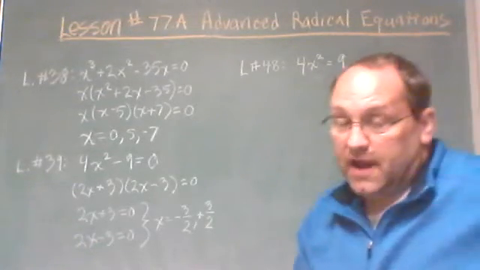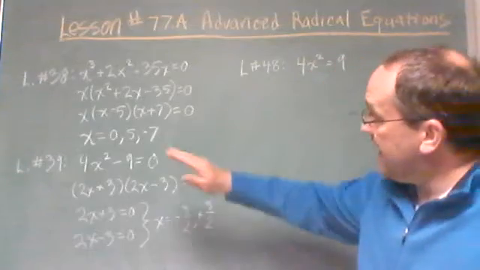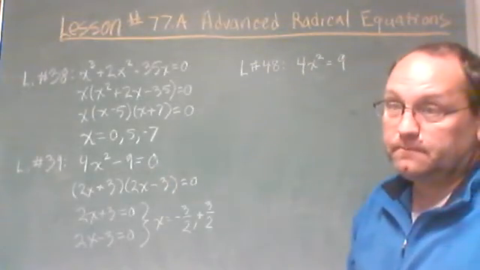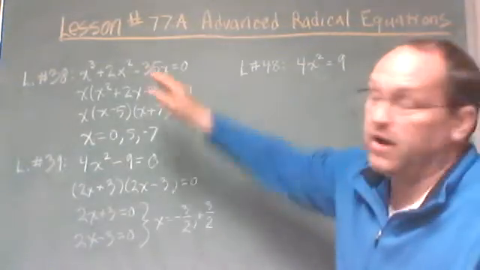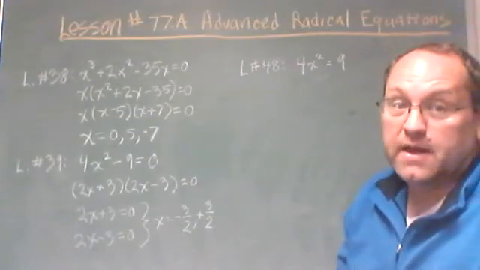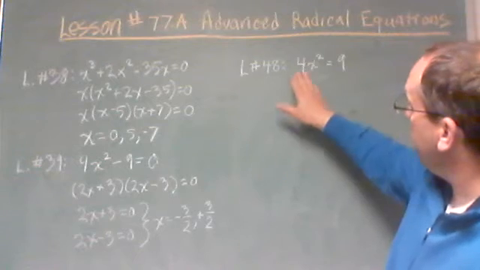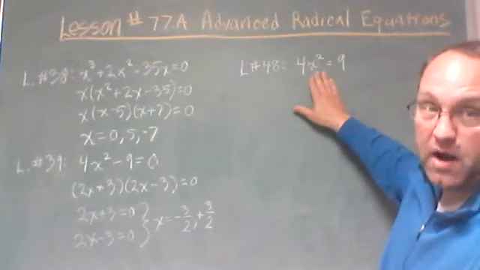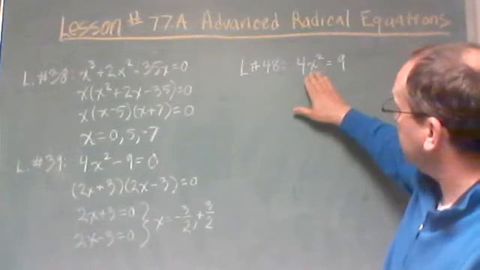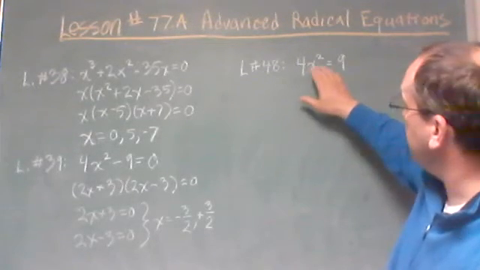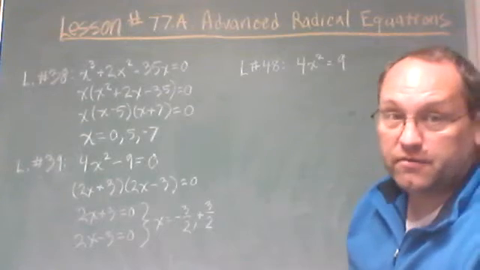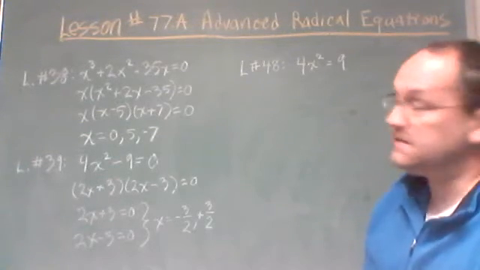In lesson 48, they said not every time when we have a difference or a binomial or even a trinomial can we factor them as such. So one of the ways that we can solve the problem is we can isolate that variable to the power, in this case to the second power, might be to the third, might be the fourth. We isolate it.